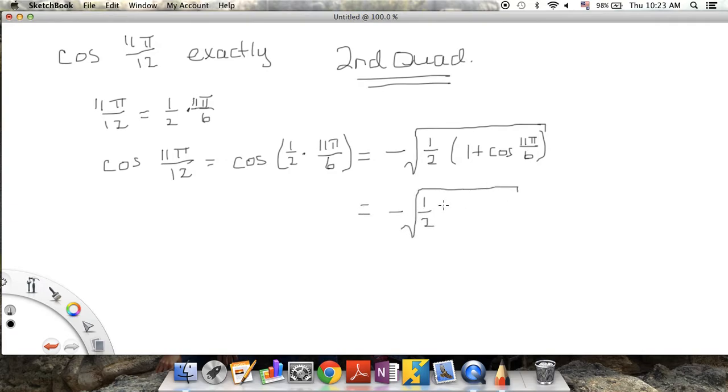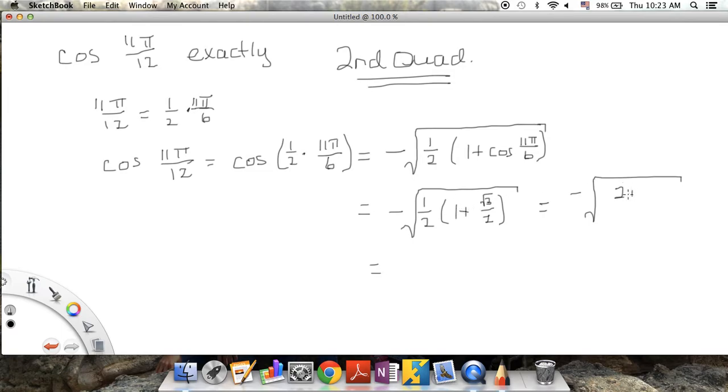Well, we know that the cosine of 11 pi over 6 is the square root of 3 over 2 from our unit circle. So we simplify this out, and let's get a common denominator first. So we have negative the square root. If we get a common denominator here, that makes this 2 over 2.